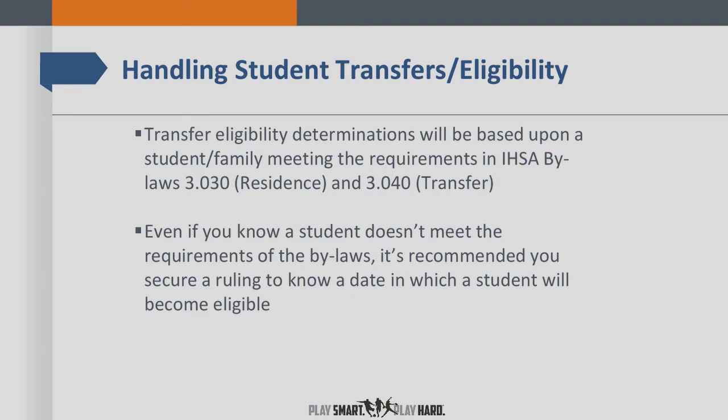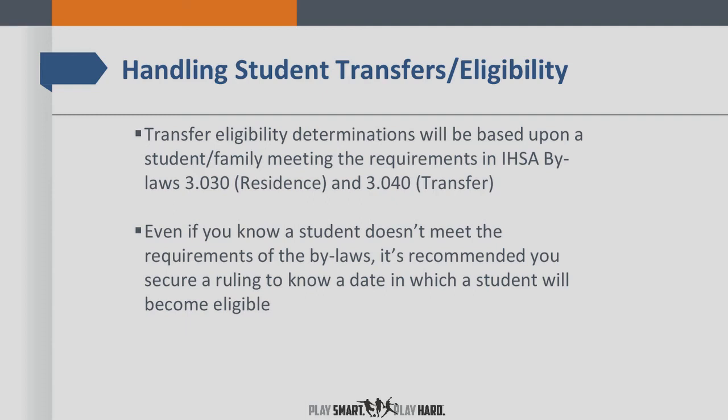And while we've produced webinars about residence and transfer, we're not going to spend a lot of time reviewing those two particular bylaws, but I would encourage new administrators at our member schools to become familiar with those bylaws so that they can help themselves think through whether or not a student's eligibility determination will be required by submitting documents to the IHSA office.